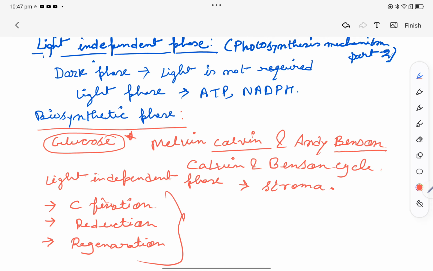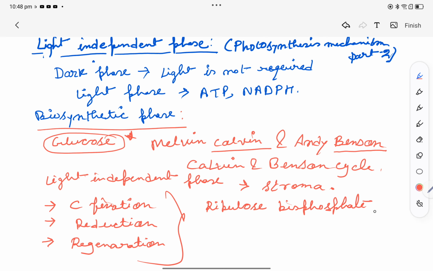Before starting the cycle, we have to know a very important compound, that is ribulose bisphosphate. Remember this compound's name.